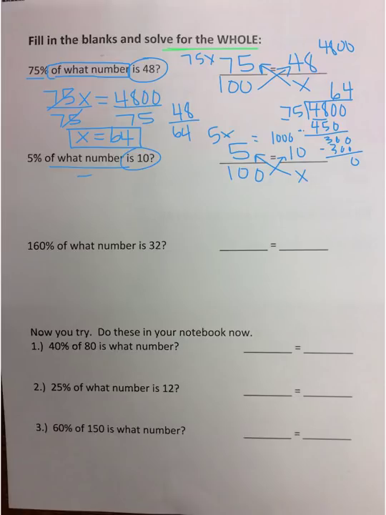And so 5x must equal 1,000. Divide both sides by 5. And so x equals 200. Because 5 goes into 10 twice, so then add 2 more zeros for these guys.